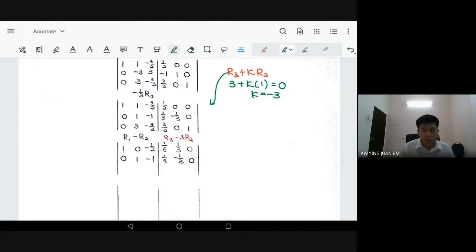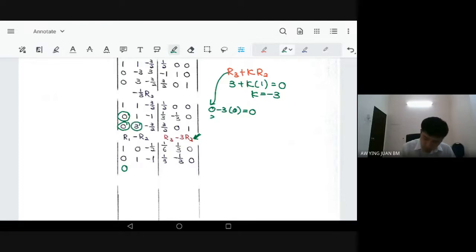So next what we have to do is to refer to this formula. So kindly refer to row 3. So here we have the row 3, which is the 0, minus 3, row 2, which is also equal to 0. So the answer is 0. Next, we have row 3.